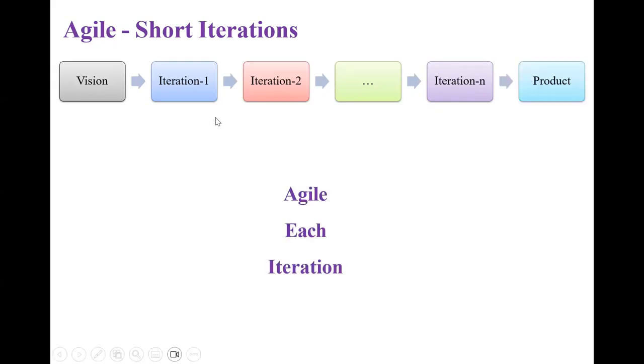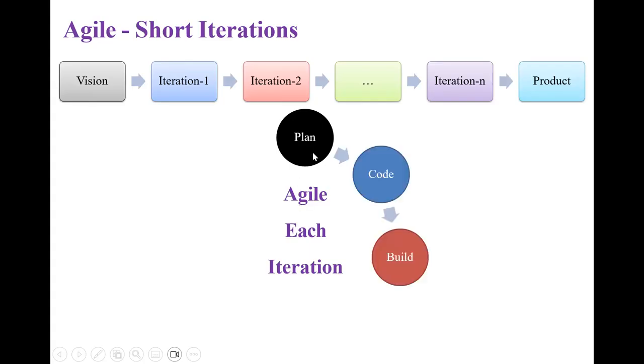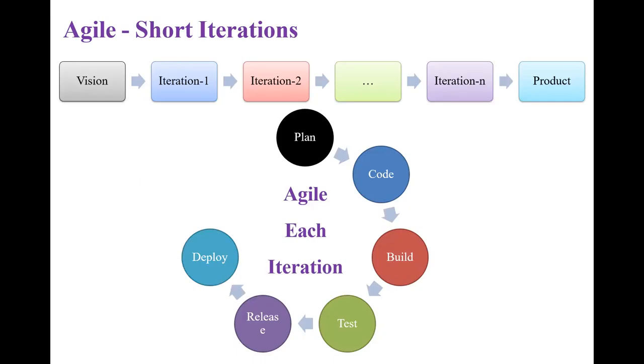So this is helping bring better quality, not quality, but coordination among the teams. That is planning, coding, implementation, that is build it, then test it, release it, then deploy to production. And if any reviews are required, yes, review it, and again they bring it back to the plan.